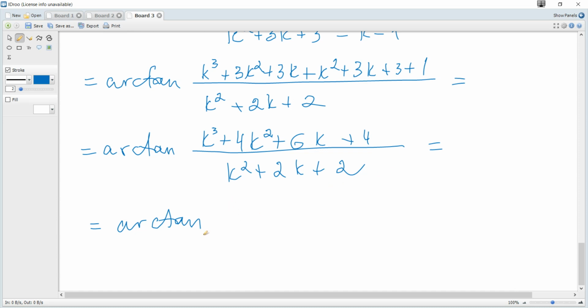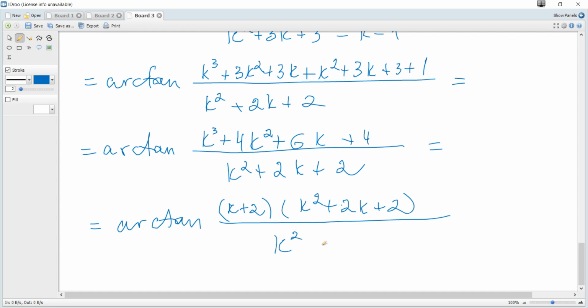So actually it must be k plus 2 multiplied by k squared plus 2k plus 2, because it must cancel with the denominator, so that k plus 2 remains only. Notice that you don't need to find the root to divide polynomials, because you know the answer, and it's a hint actually.